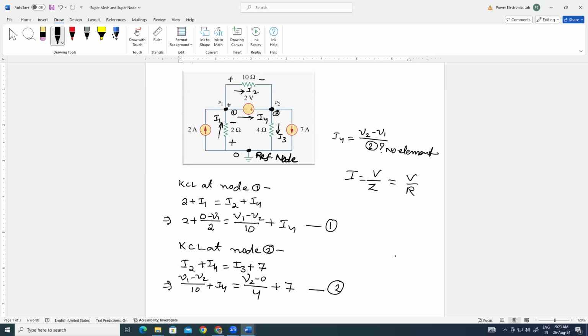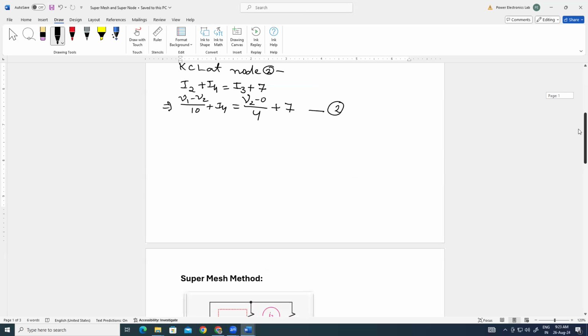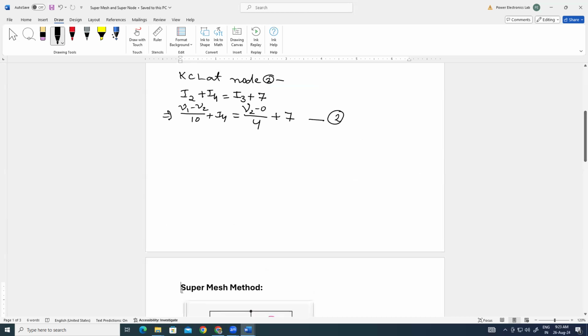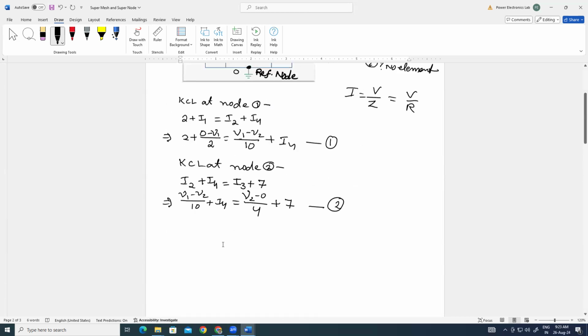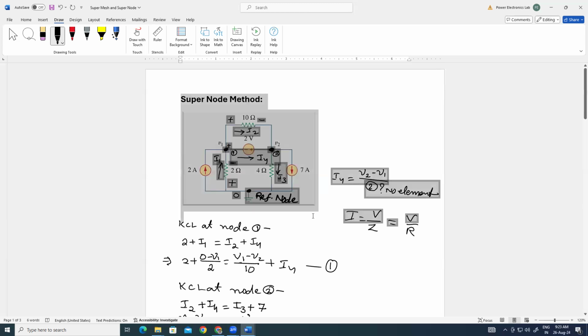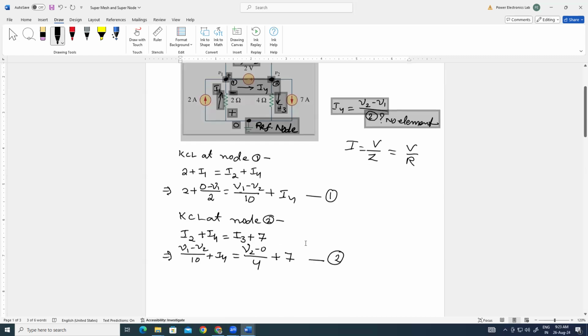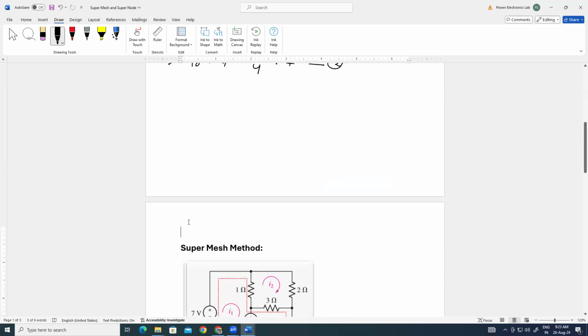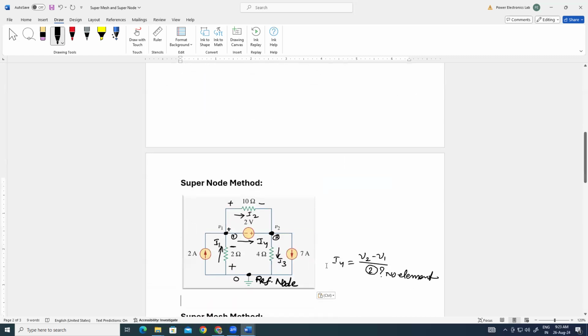So we will see what super node is. We will take this problem again and apply super node.